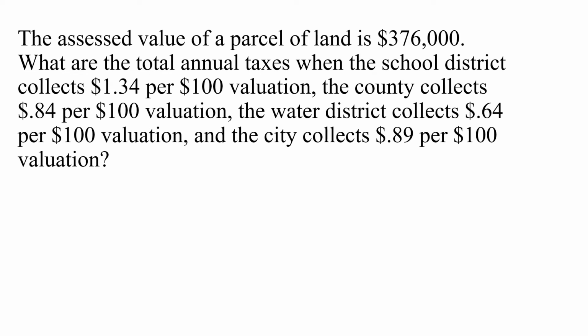The assessed value of a parcel of land is $376,000. What are the total annual taxes when the school district collects $1.34 per 100, and the county collects 84 cents per 100, and the water district collects 64 cents per 100, and the city collects 89 cents per 100? Well, let's add all of these things up. We got 1.34, 84, 64, and 89.